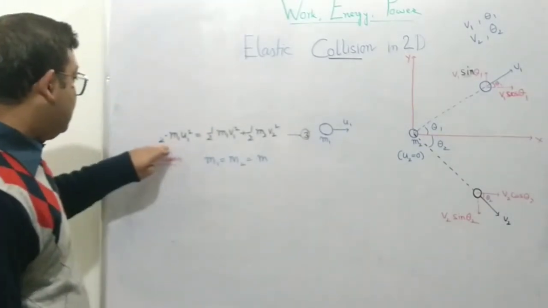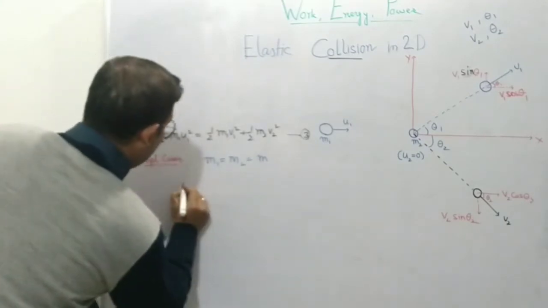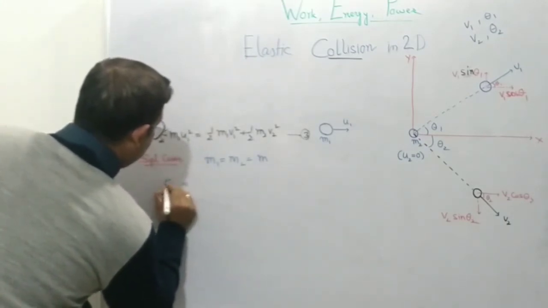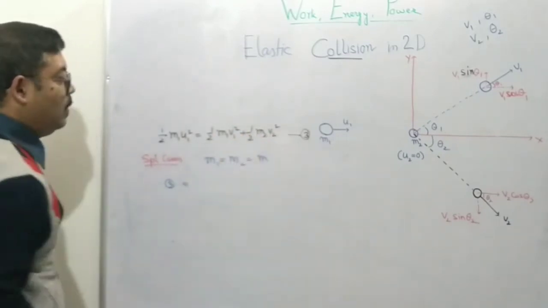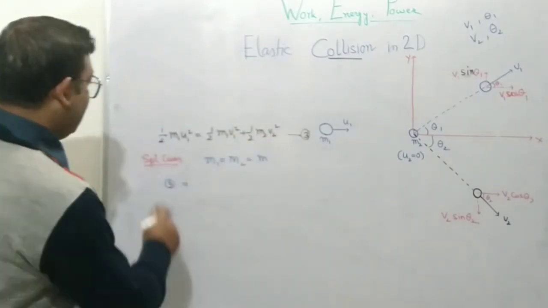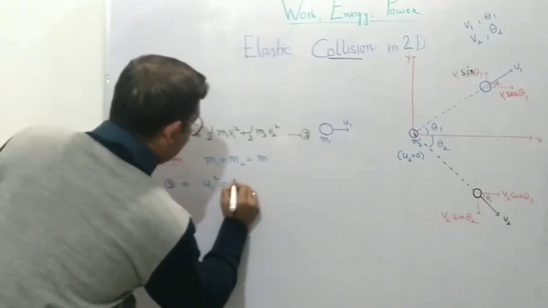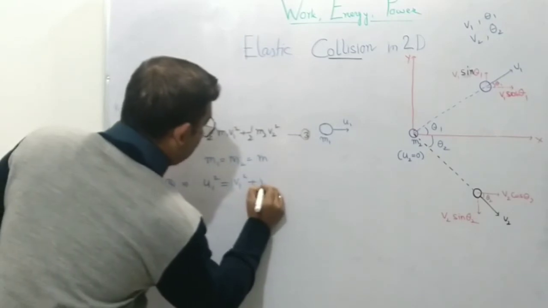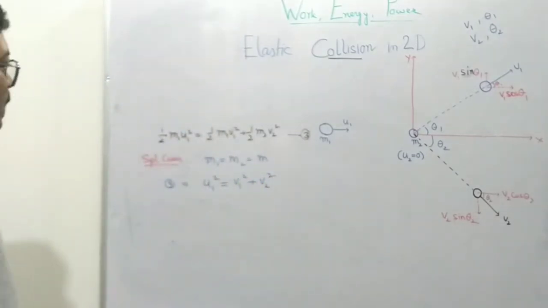In that case, the kinetic energy equation, equation 3, will give us M, M, M. All three masses are equal, so we can divide both sides by M, and the halves are taken away. So we have U1 squared equal to V1 squared plus V2 squared. This is one equation.